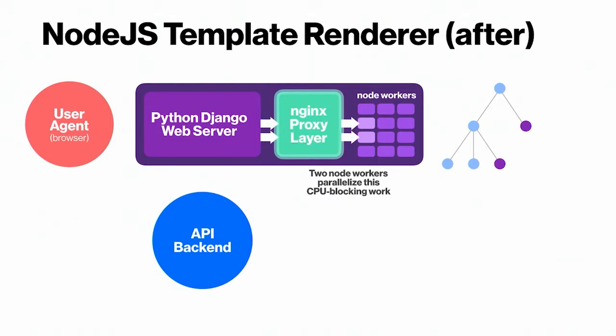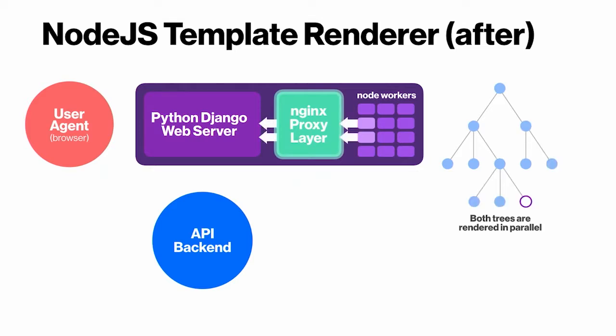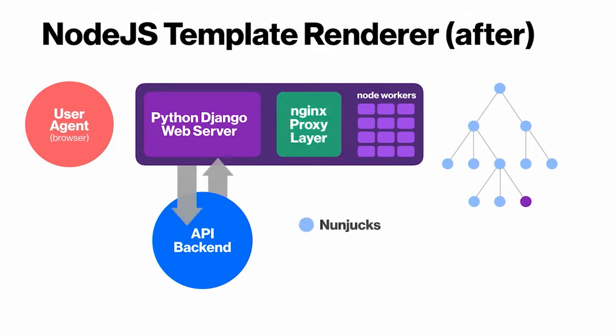And now you can see this process is no longer CPU blocking, so we can parallelize our rendering process, and we continue rendering as far as we can go until additional data is needed. Now the process will repeat itself. It will send back the partially rendered templates, we'll retrieve additional data, and we'll send another request to continue rendering the subtrees with the newly retrieved data.